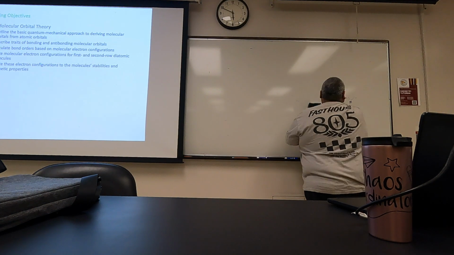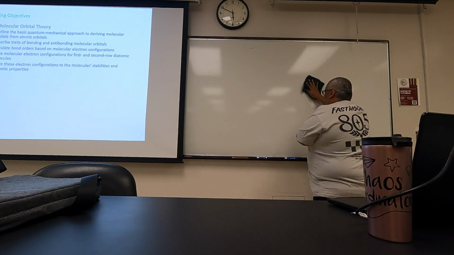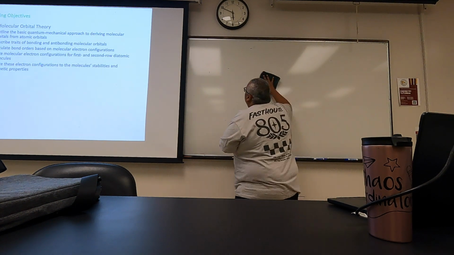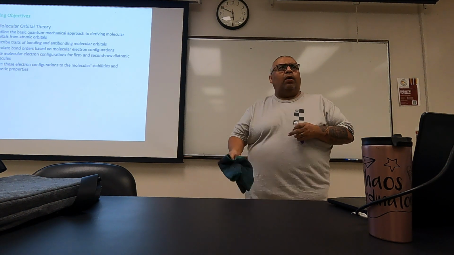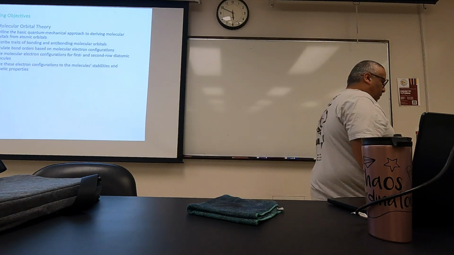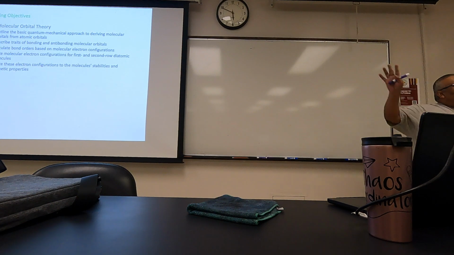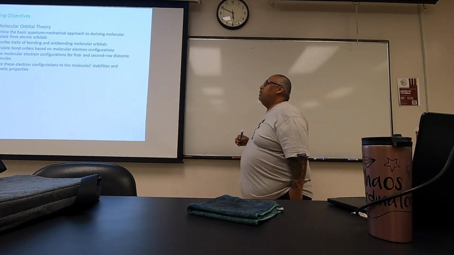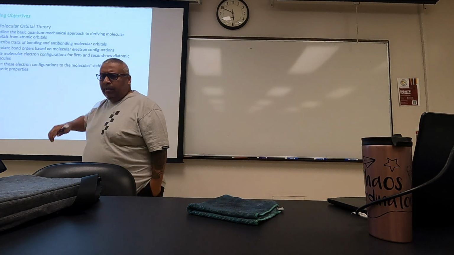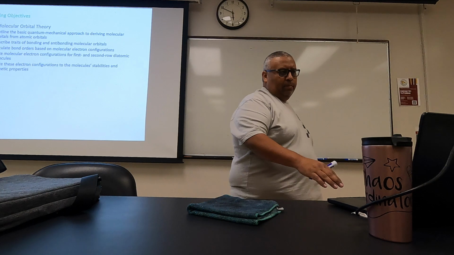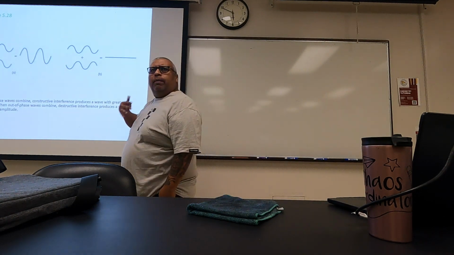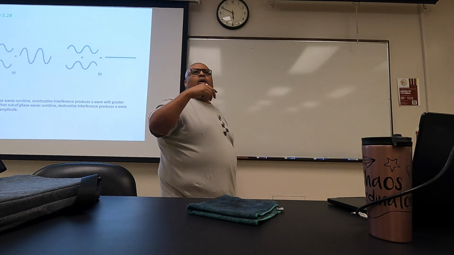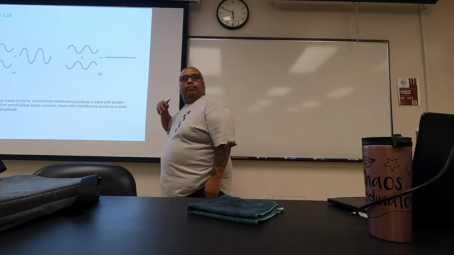So we have to think in terms of wave functions. This is kind of an early on quantum mechanic idea when we consider molecular orbital theory, but it is an approach from quantum mechanics here. But when we remember talking about waves, we talked about constructive waves and destructive. Right?